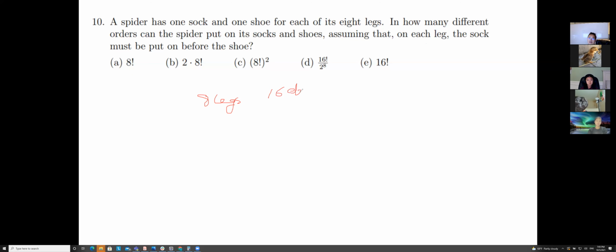Because order matters, you can say leg 1 shoe, leg 1 sock, leg 2 shoe, leg 2 sock, or shoe 1 to shoe 8, sock 1 to sock 8. So totally 16 elements. If there's no order requirement, we should be looking at 16 factorial, correct?